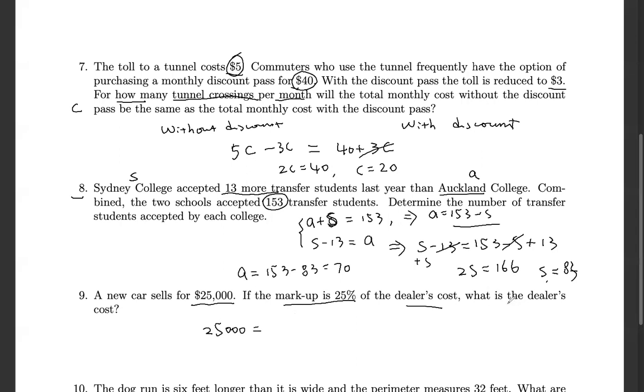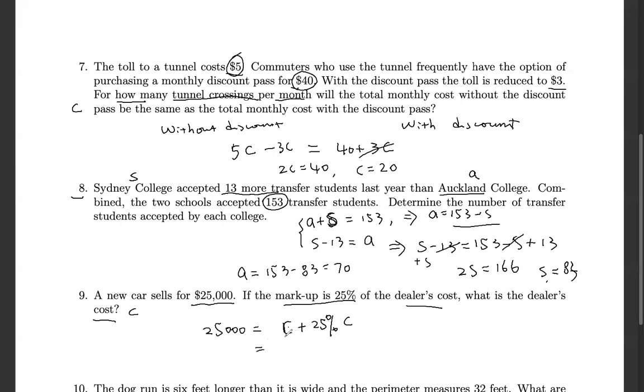So let's say the original cost is C. So this equals C, the original cost, plus 25% of C, because that's the markup. Markup is 25% of the cost, which is 25% times C.